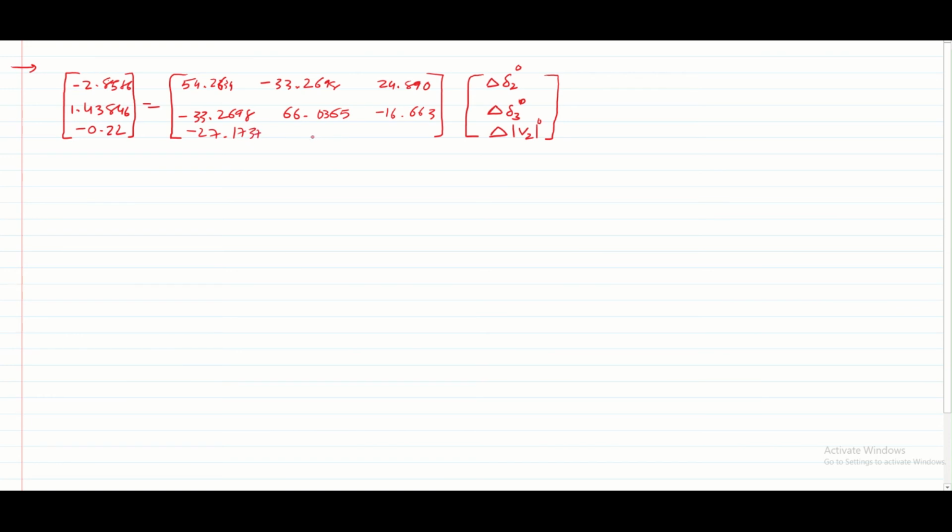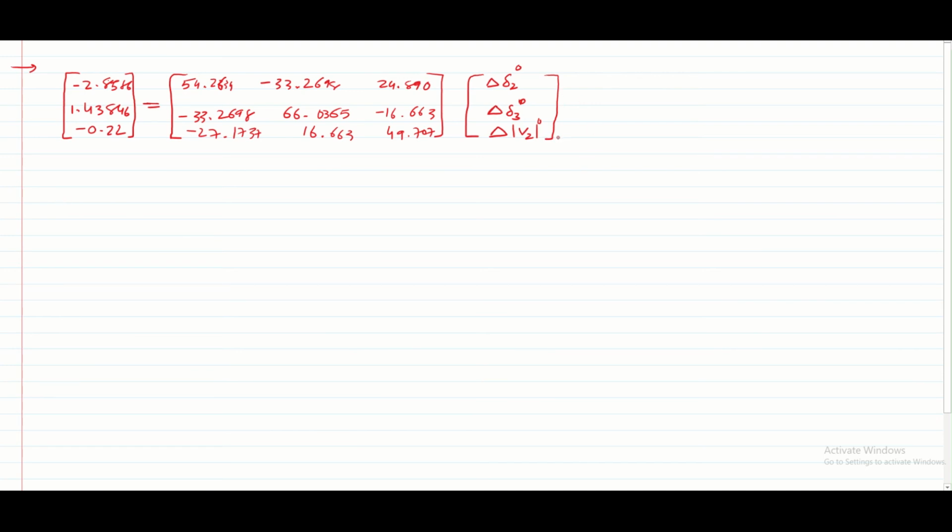Okay, and 16.663, and the last one is 49.707. So now, as we have discussed in our steps, we need to get the value of this change in angle and change in voltage from this solution of this matrix.